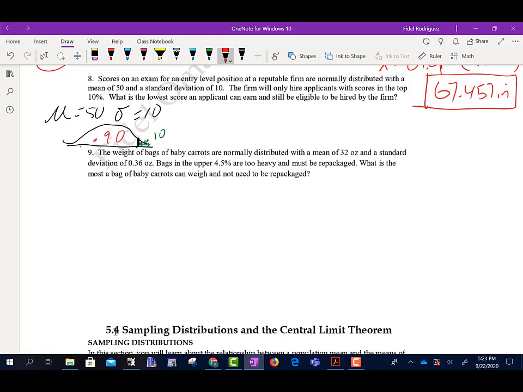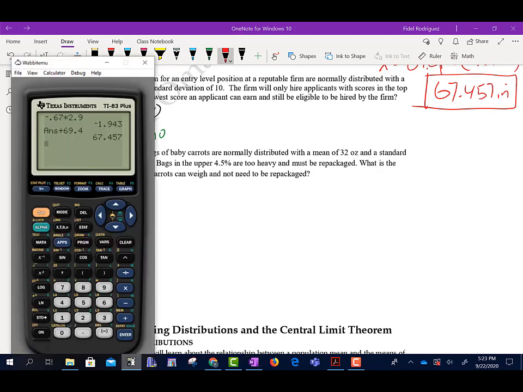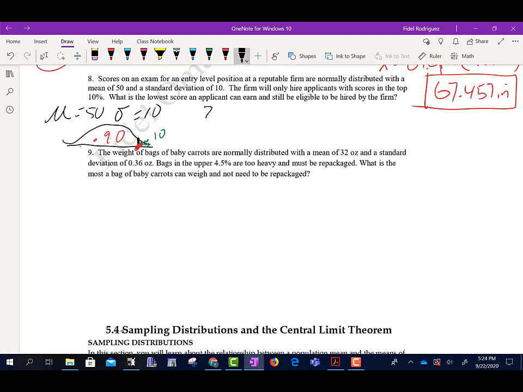And if I was trying to find what is that value on my z table, when the area to the left is 0.90, then what I would do is grab my calculator and go to second bars, and let's go to inverse norm, okay? And I'm going to type in 0.90, close it off. And my z value that I'm getting is 1.28. So my z value here would be 1.28.